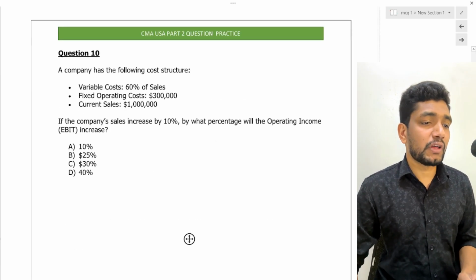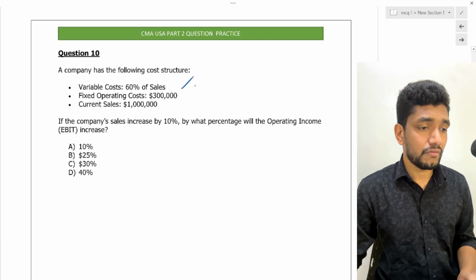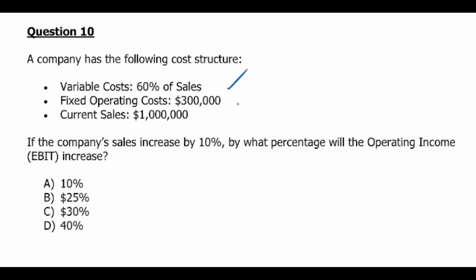A company has the following cost structure. Variable cost is 60% of sales. Fixed operating cost is 300,000. Current sales are 1 million. If the company's sales increase by 10%, by what percent will the operating income increase? The first thing we have to estimate is the current operating income.